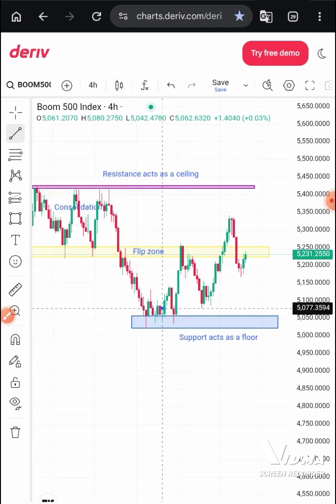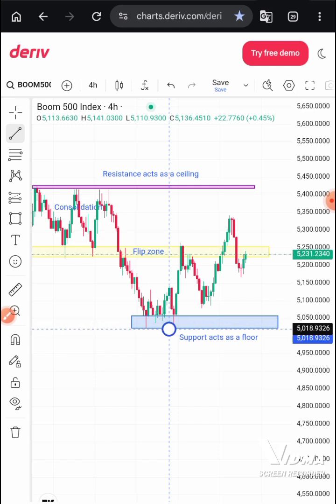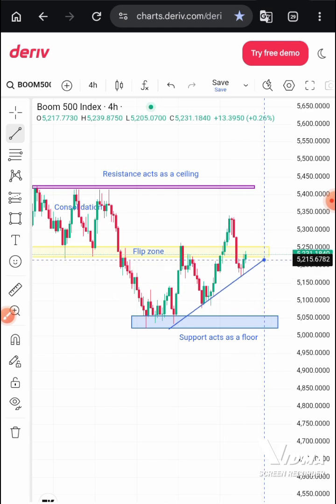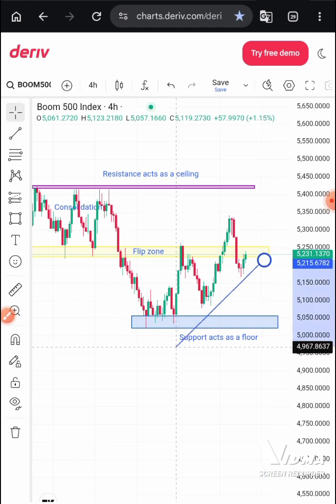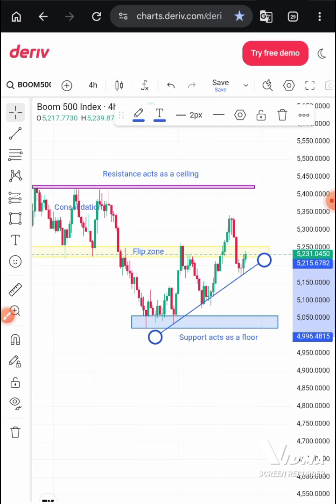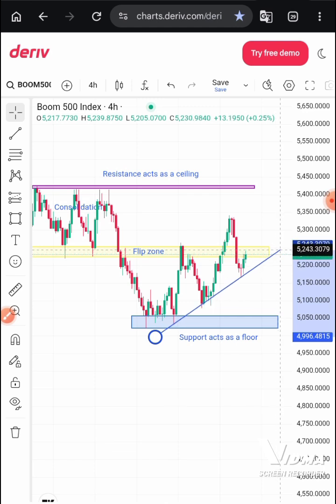We come here, we select our trend line tool, come down here, and there we go, we have our trend line. Let me just fix it, let me perfect it, sorry, because our trend line has to touch the what? The wick of the candles.